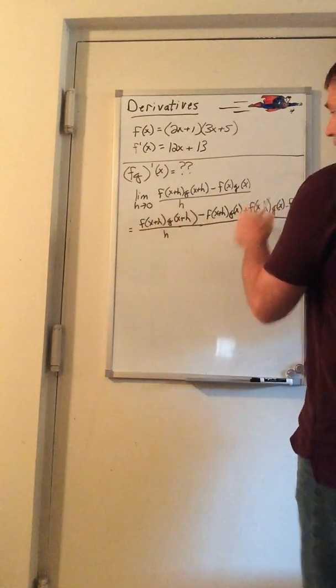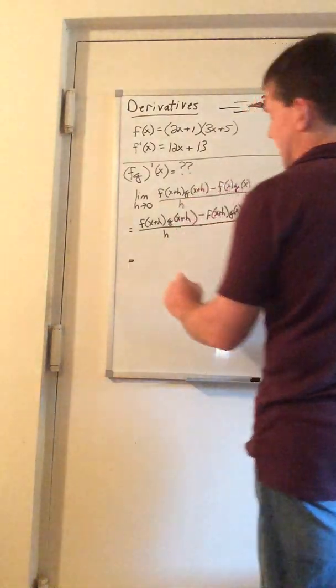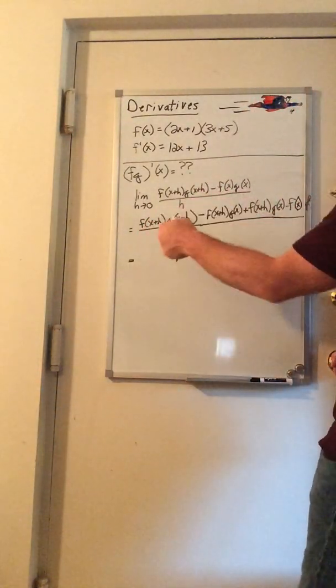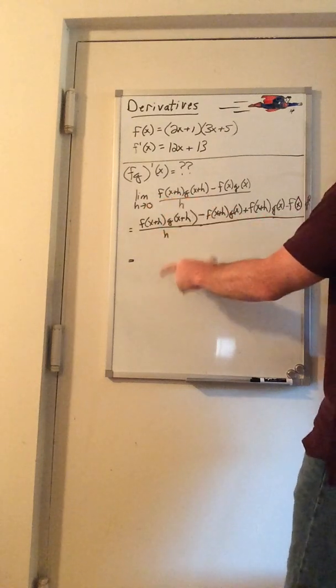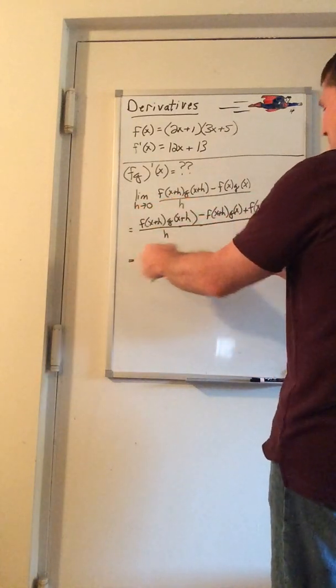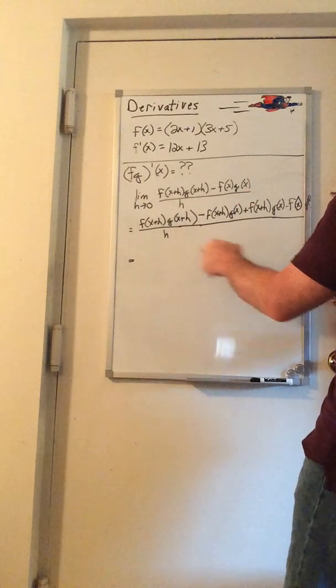Now here, I'm going to break this off: 2 terms, 2 terms. This is ultimately a big sum and difference over h. So I'm going to rewrite this as this difference plus this difference.